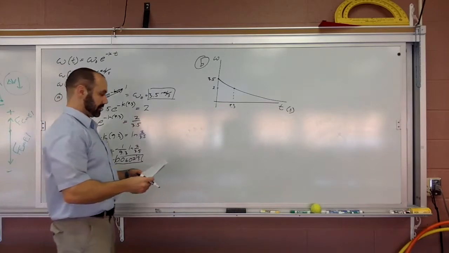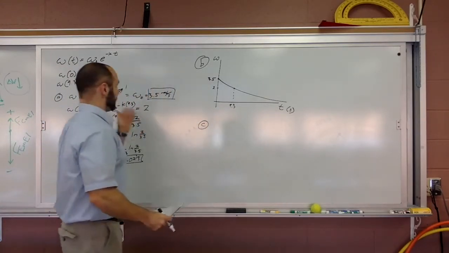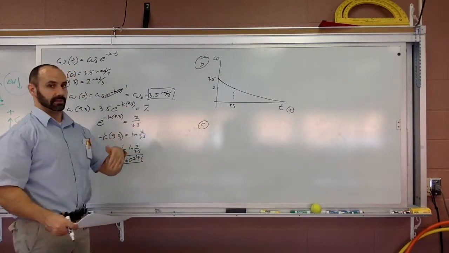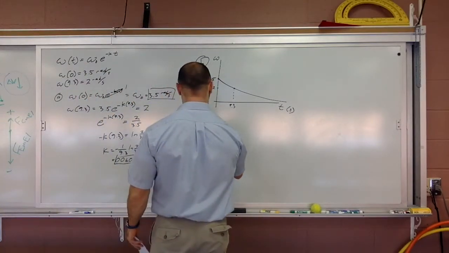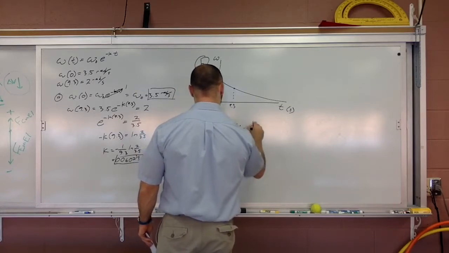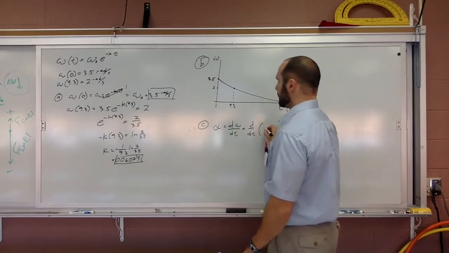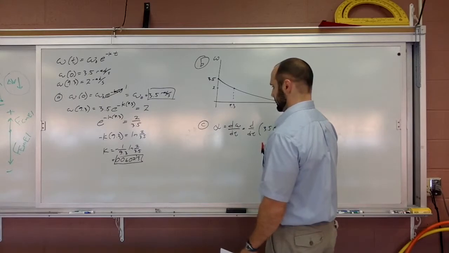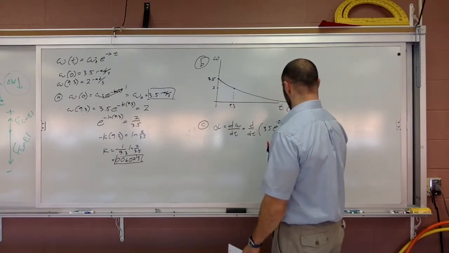C, find the angular acceleration as a function of time. Now, remember that omega is just angular velocity. It's like v. And so how do we find acceleration from velocity? We take the derivative with respect to time. So alpha is going to be d omega dt. So d dt of 3.5 e to the negative 0.0602 times t.